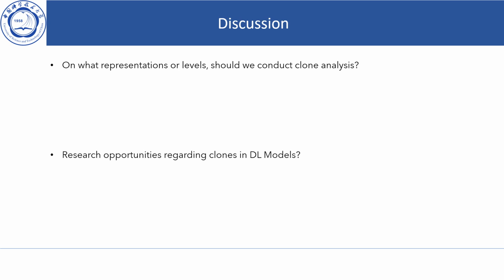So it would be a question that on what representations or levels should we conduct the clone analysis? In this paper, we choose the representations from three levels, from bottom to top, namely the training code, the deep neural network structure, and the input-output semantics. They can basically represent the behaviors of deep learning models at static, structural, and dynamic levels.